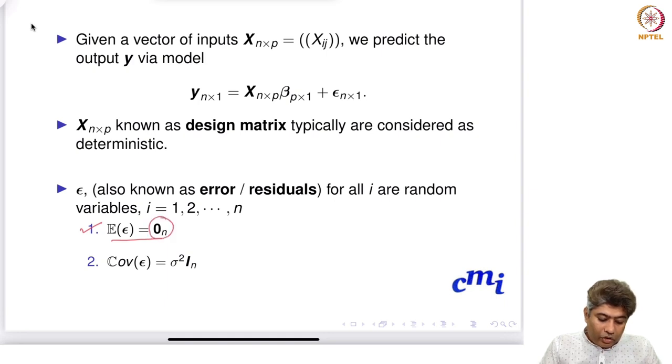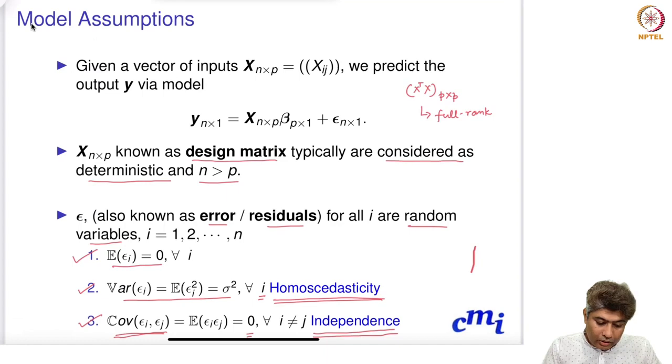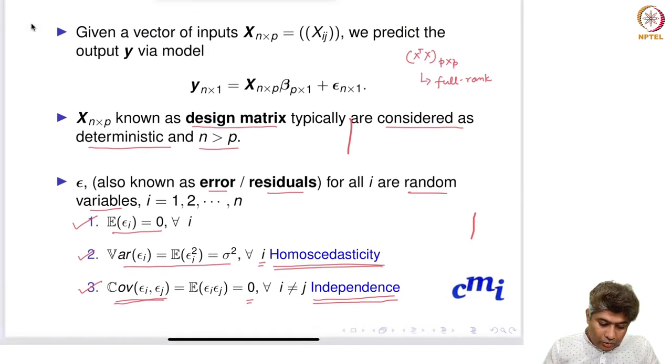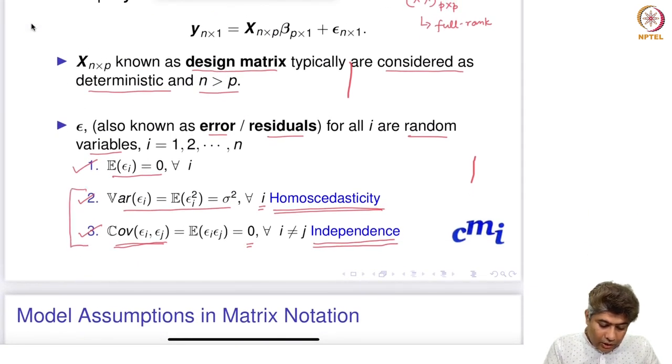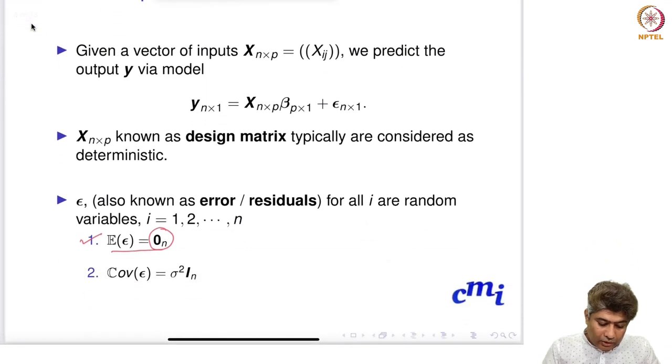Then we can join the second and third assumptions, and with matrix notation, covariance of epsilon is sigma square I n. So it's a diagonal matrix, where all the diagonal elements are sigma square, and all the off-diagonal elements are 0.